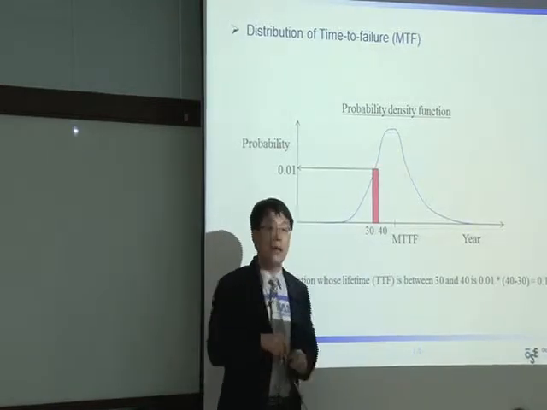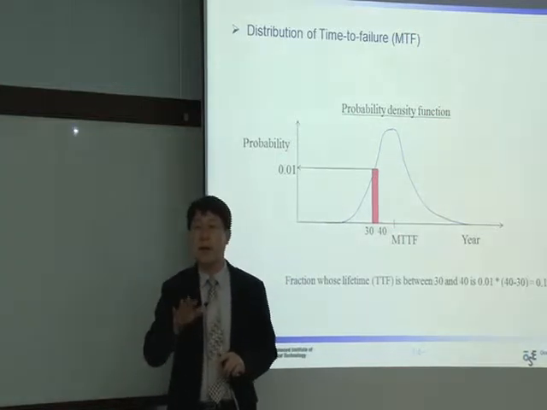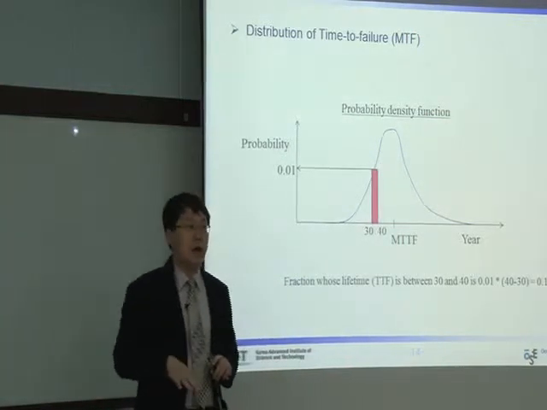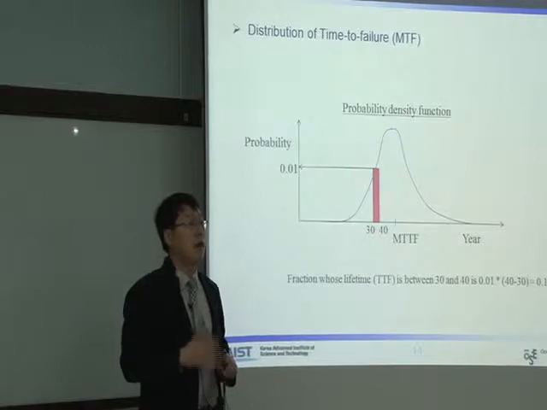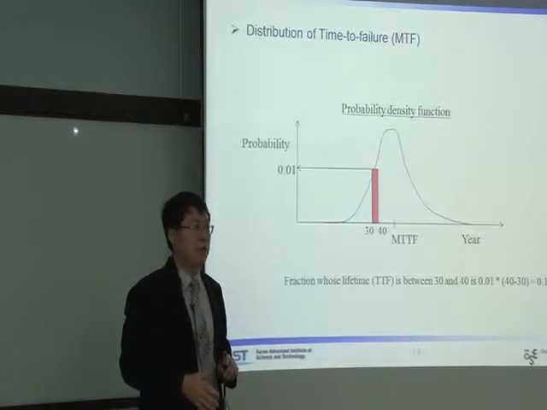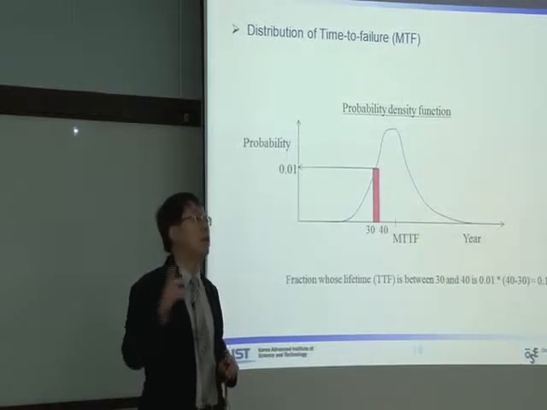So we can say that 10% have the lifetime between 30 and 40. This is the meaning of probability density function.